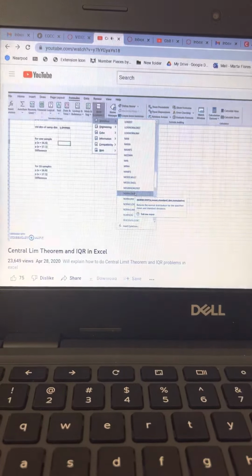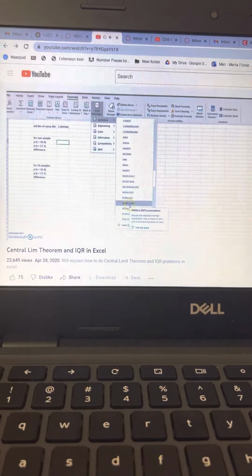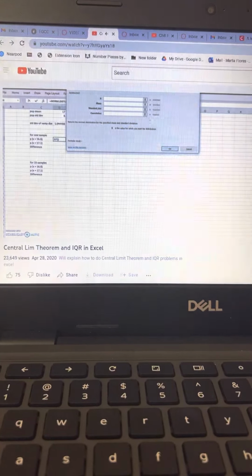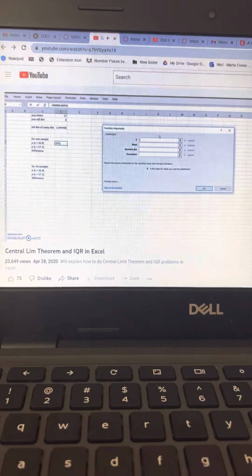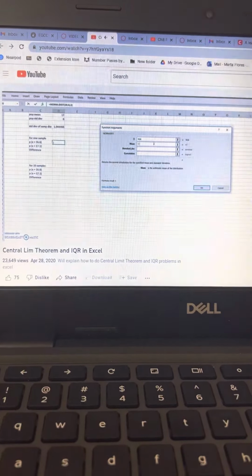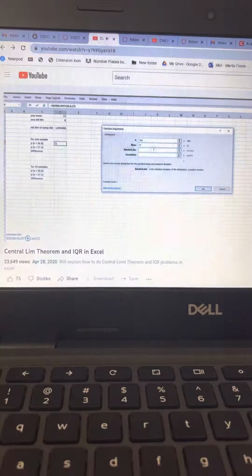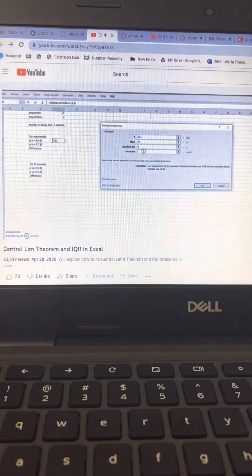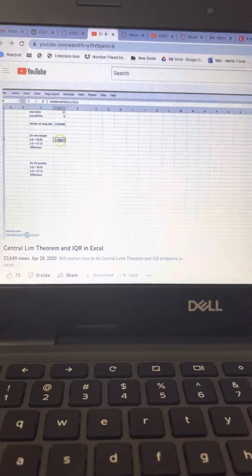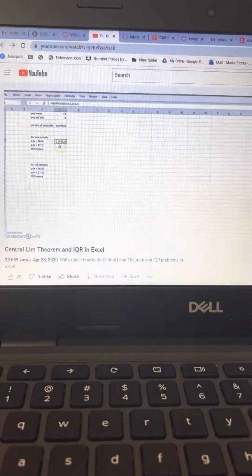Make sure you use norm.dist, not norm.s.dist, there's a big difference. Your x is 16.6, the mean is 17, standard deviation is 6 this time, and the cumulative is always 1. So the probability less than 16.6 is 0.47, etc.